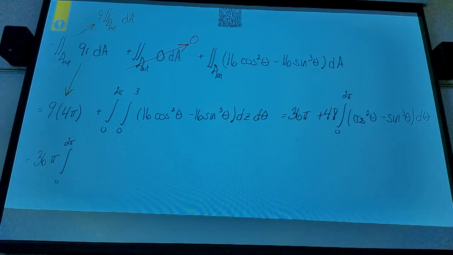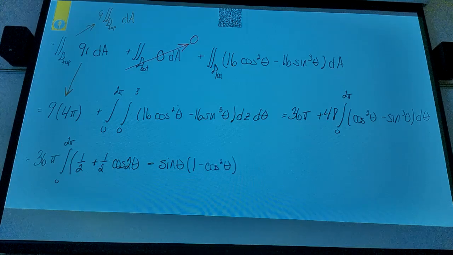Take care of that cosine squared with the reduction identity: a half the quantity of 1 plus the cosine of 2 theta. Sine cubed, write it as sine times sine squared. Replace sine squared with 1 minus cosine squared.